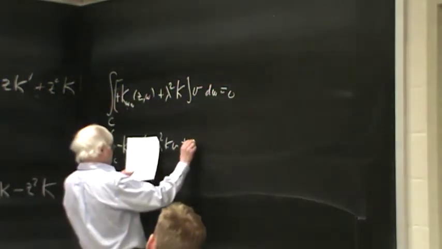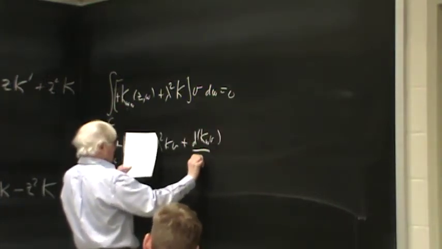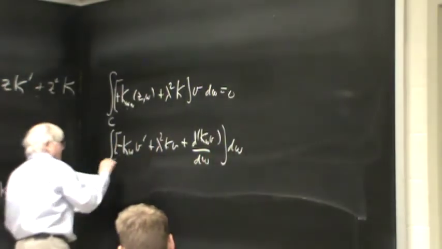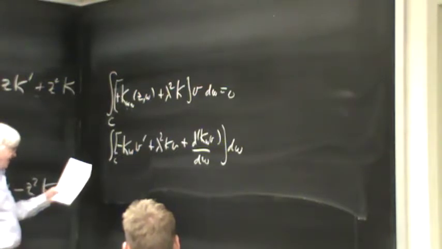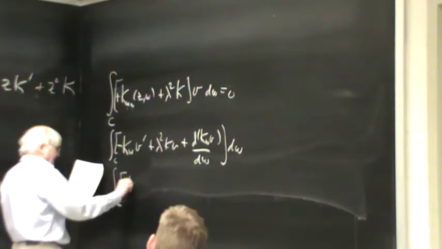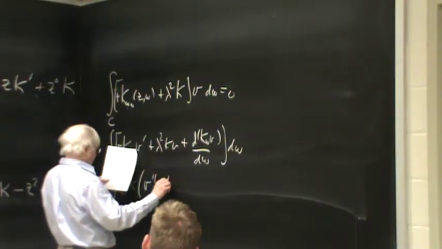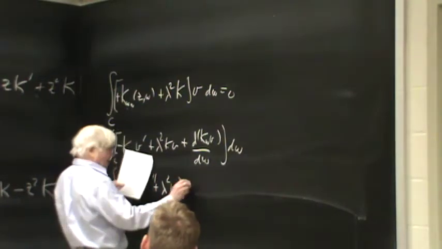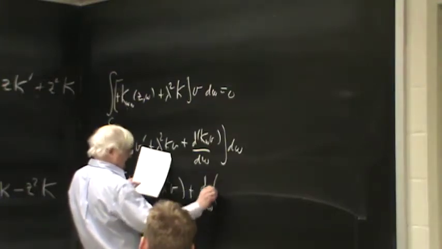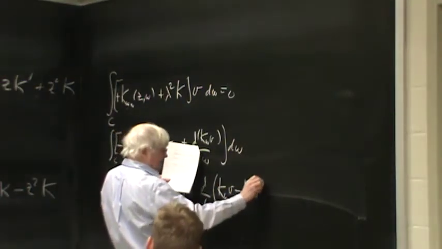Anyway, the next term is d(K_W V) dw, all that dw. So that's the contour integral of the w plane. You integrate once more by parts and you get K times V double prime plus lambda squared V plus d by dw of (K_W V minus K V prime).